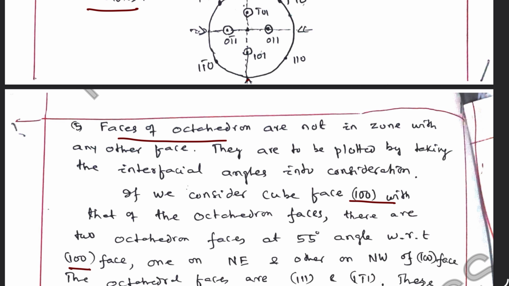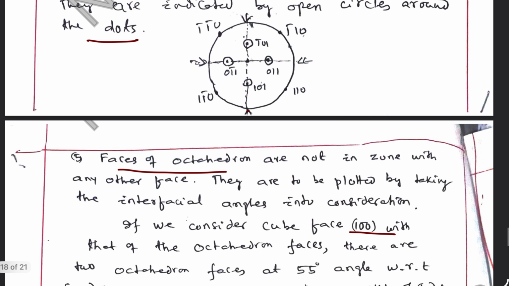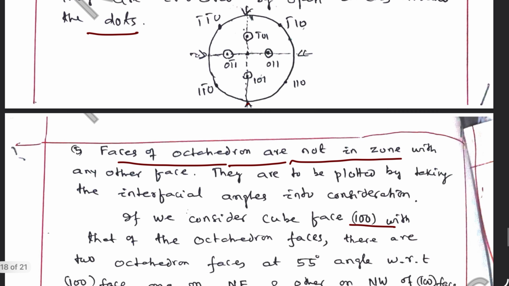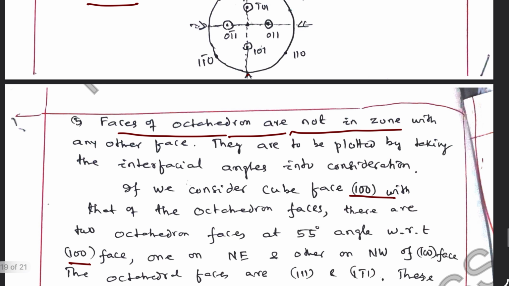Now we will discuss the plotting of the octahedron face, not cube. The octahedron has the face symbol 1 1 1 because it is cutting all 3 axes at a unit distance, and these faces make a 55 degree angle with the cube face.